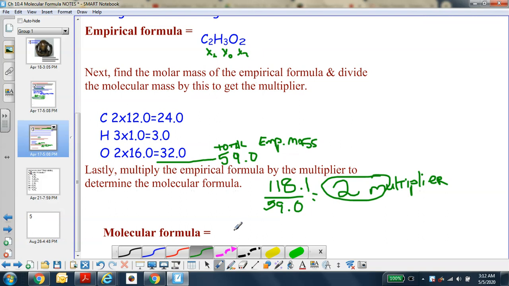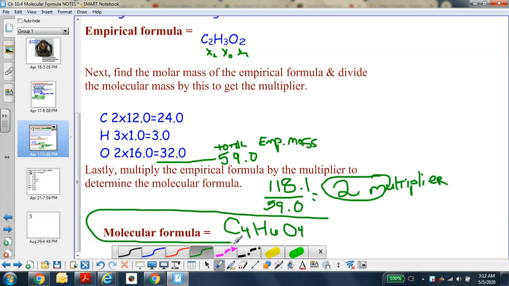So my molecular formula is C4H6O4. That's what I'm after. There's my molecular formula.